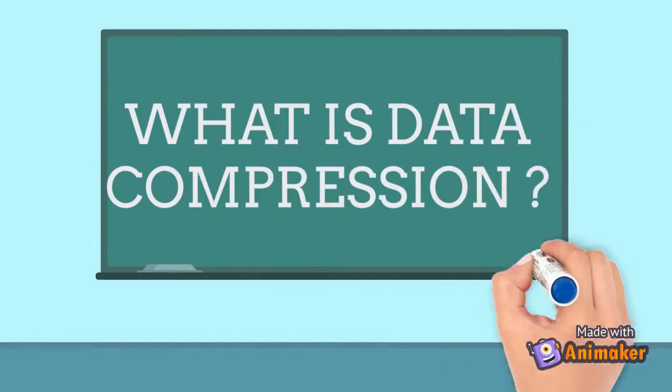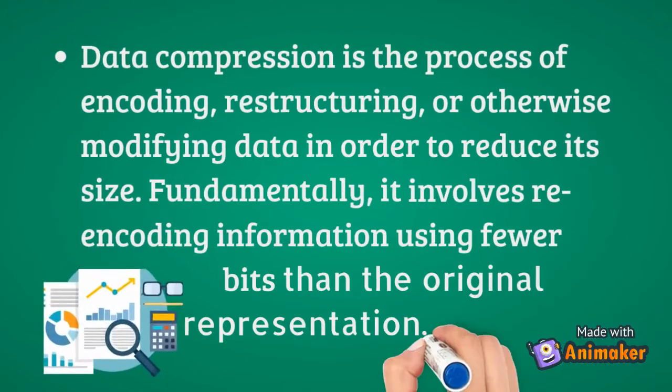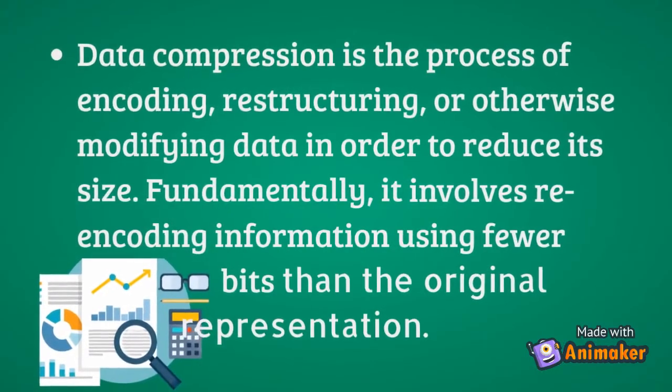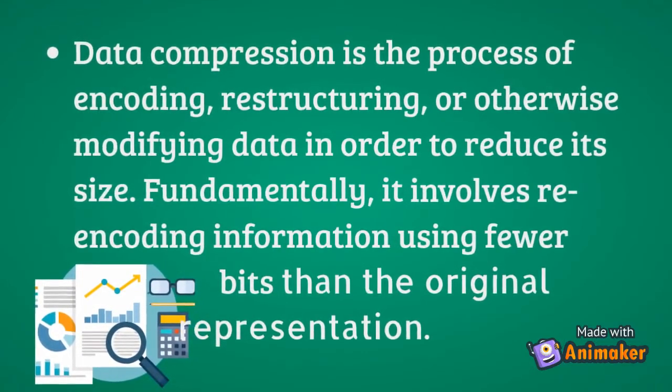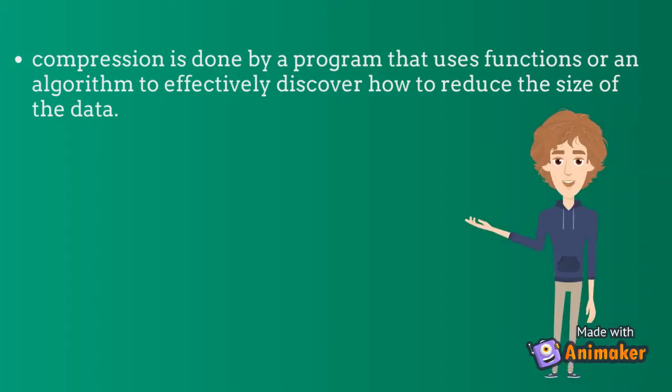What is data compression? Data compression is the process of encoding, restructuring, or otherwise modifying data in order to reduce its size. Fundamentally, it involves re-encoding information using fewer bits than the original representation. Compression is done by a program that uses functions or an algorithm to effectively discover how to reduce the size of the data.